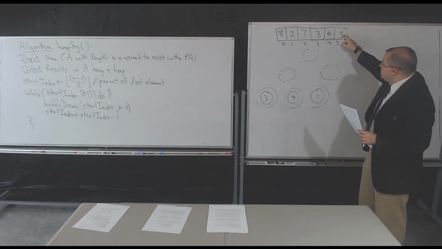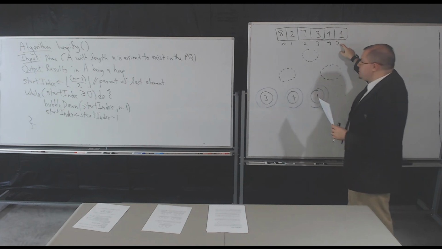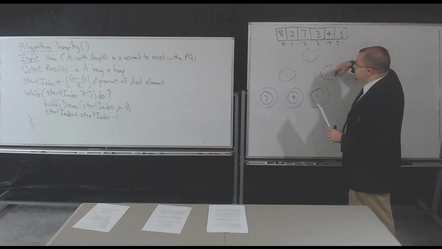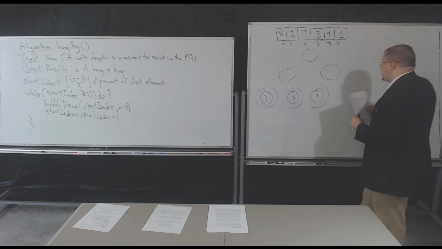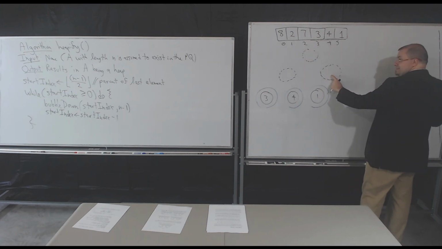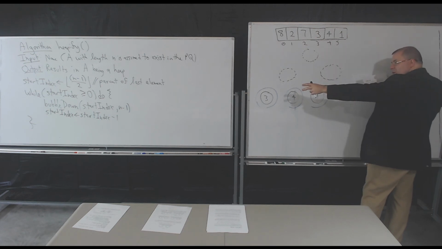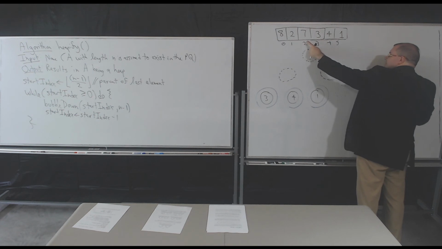Well, it's 5 minus 1 divided by 2, which is 2, right? So it's 7. So 7 would be right here. But what do I do? I perform bubble down on that start index. So I do bubble down from here to here, right?